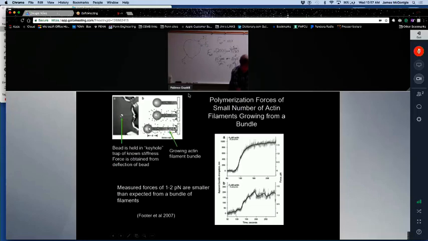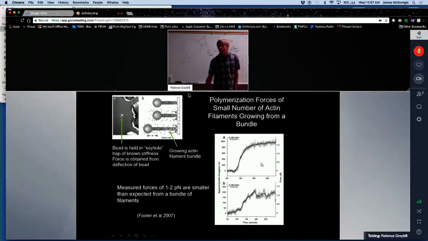In this experiment, it turns out you can hold this combination of the bead and the acrosome in a well-defined orientation, and you can also measure the force on it. By doing that, it was possible to measure force as a function of time for this collection of filaments, about 8 filaments that we're seeing here.